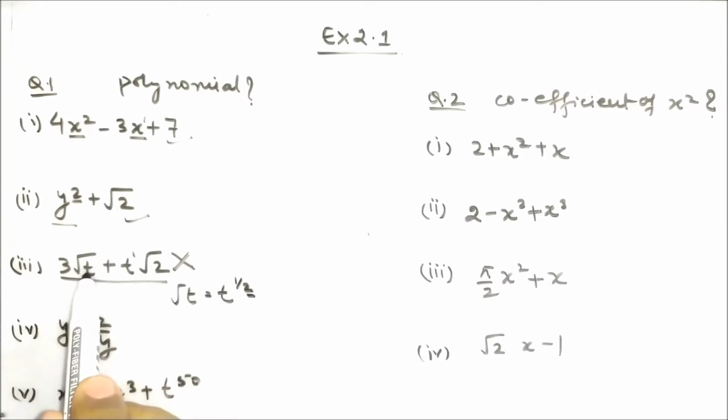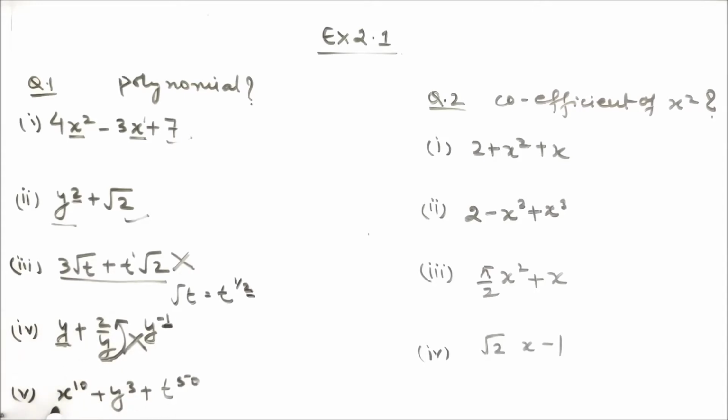Because this t does not have a power which is a whole number, okay? Again coming here, this and this are the variable, which is only one variable, and when you bring this y here, it will be y to the power of -1, which is also not a whole number, okay? So again this is also not a polynomial.